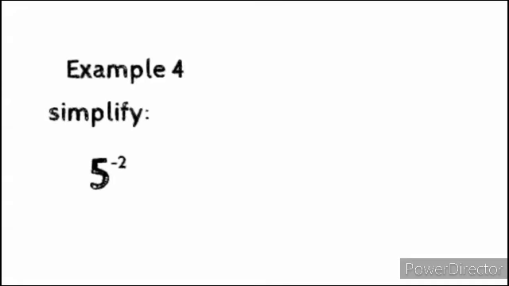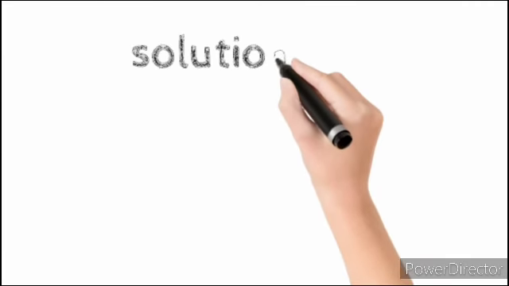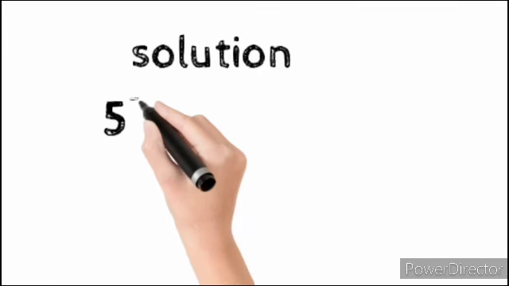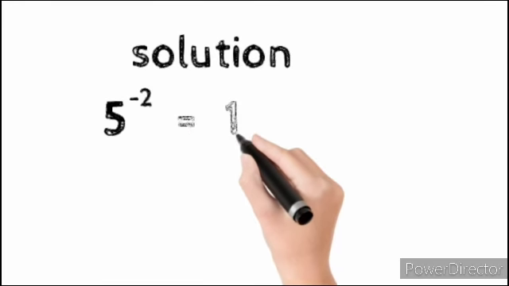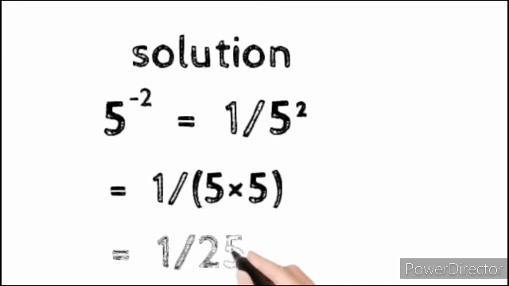This equals 1 over 5 raised to power 2, which gives a total answer of 1 over 25. Remember, 5 raised to power 2 is the same as 5 times 5. So, 1 over 5 times 5 gives us the answer 1 over 25. That is the fourth law.